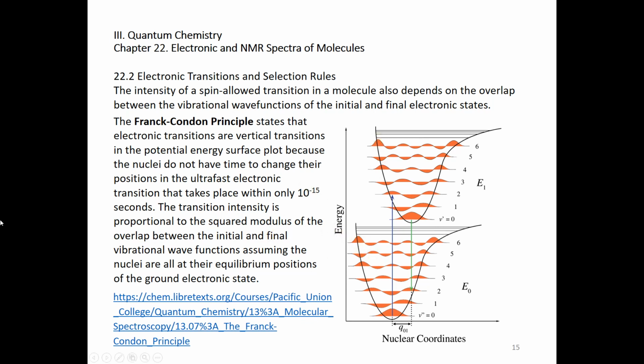And now let's look at some vertical excitations. Let's say we have ground electronic state, and this is also the ground vibrational state with a wave function. Now we're going to do vertical excitation. So from here to here, not only do we need to look at the transition dipole moment, we need to look at the overlap between this vibration wave function and this vibration wave function.